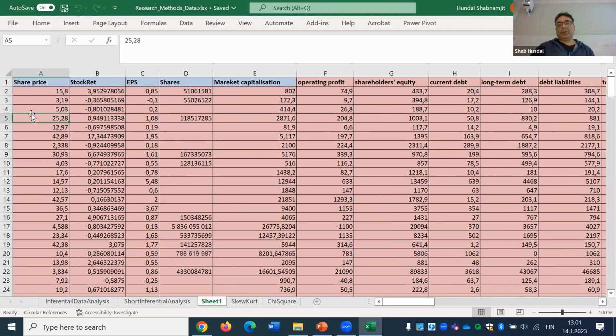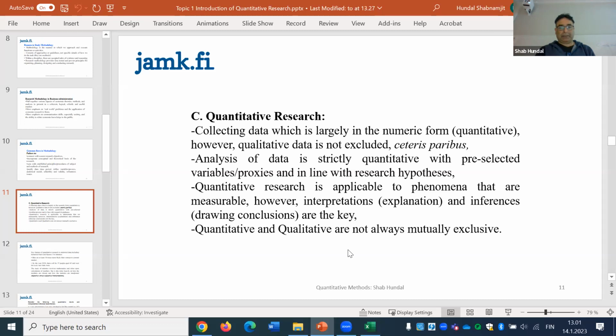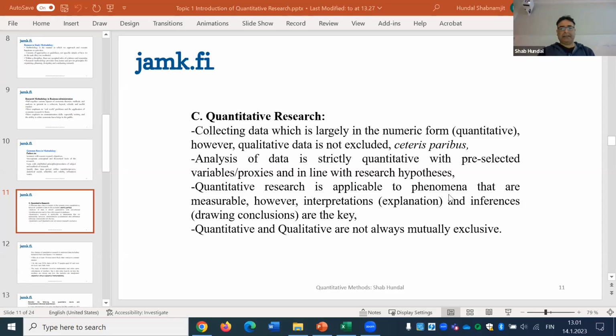The one word which I happen to write in my slide, perhaps it can be intriguing. I use the word proxy. The word proxy comes from approximate, approximation.